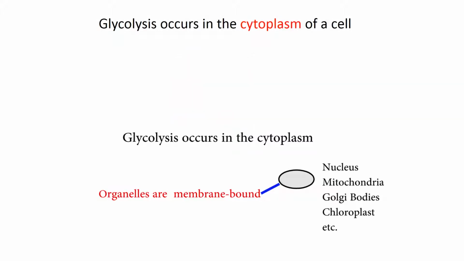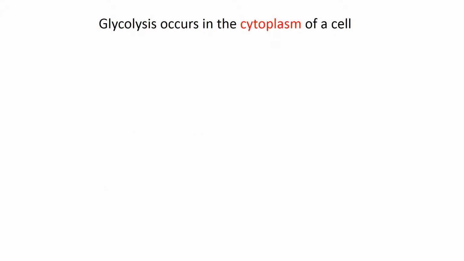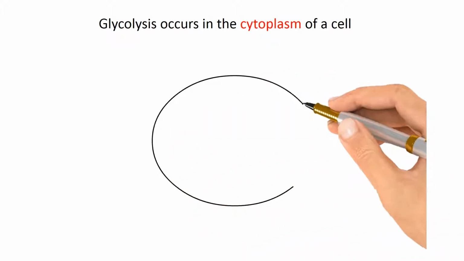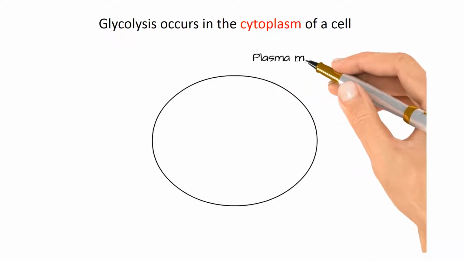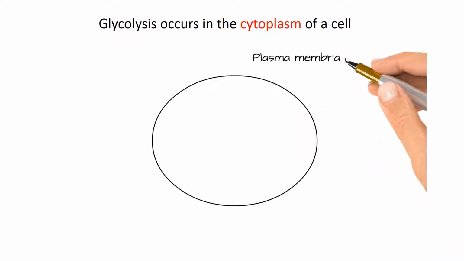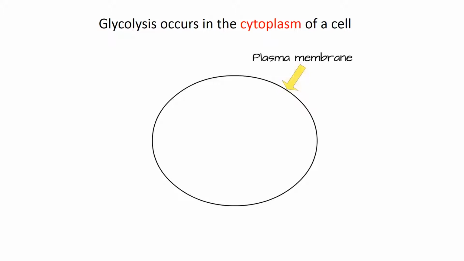So glycolysis occurs in the cytoplasm of a cell, as I mentioned, and the cytoplasm is always surrounded by a selectively permeable membrane called the plasma membrane in all living cells. But in plants, you will hear plant biologists sometimes call it the plasmalemma.